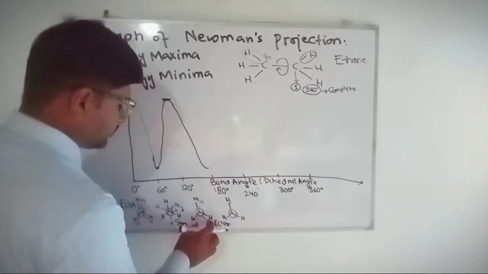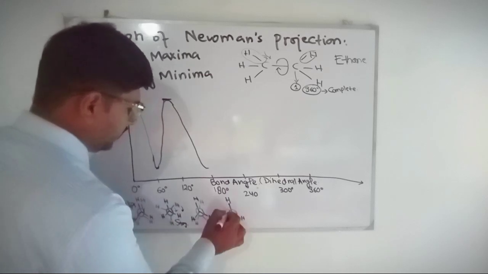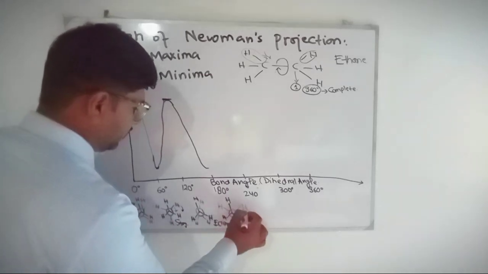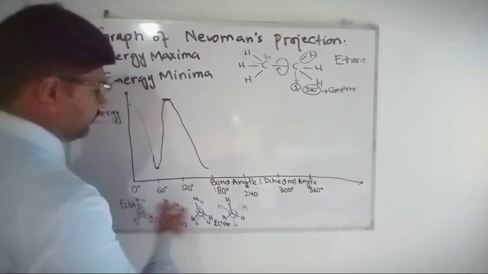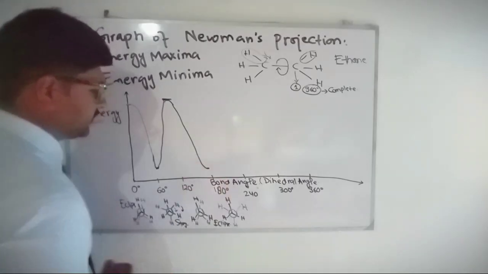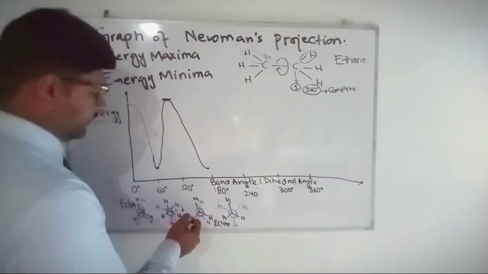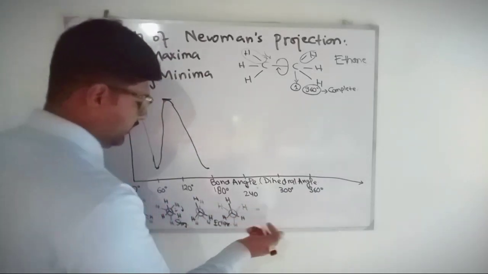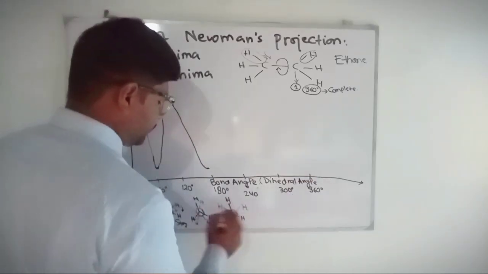Now these two hydrogen atoms will be shifted in between, and one hydrogen atom here, the other here. So again we have got our staggered conformation, which is the lower energy state of a molecule. Same case, one staggered, another eclipsed, then staggered, then eclipsed will continue until we get a 360-degree rotation.